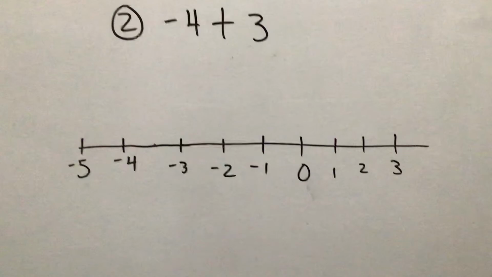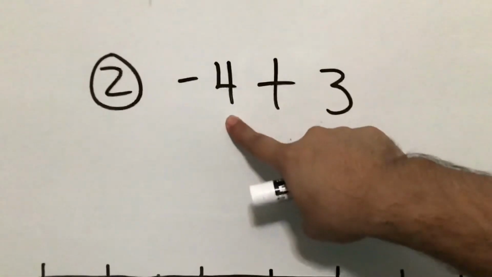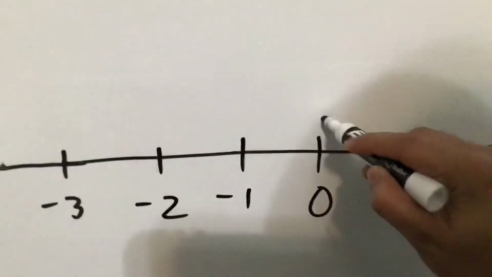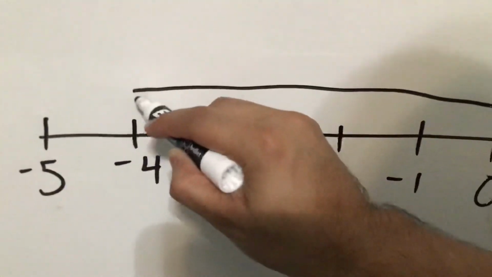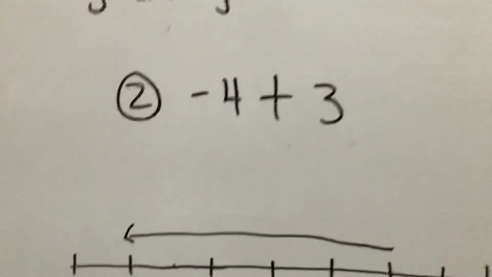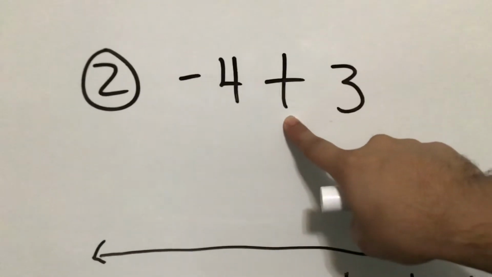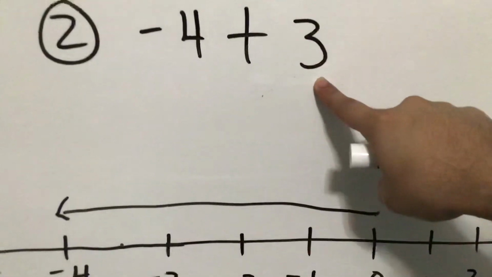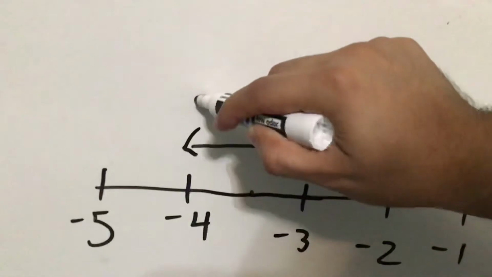Okay, so here we go. We start at 0, and the first number we have is -4. So from 0, we're going to draw an arrow to -4. And then we take a break right there because that's the first number. Then we're adding. That means we're going to the right 3 places. So from -4, we go to the right 3 places.